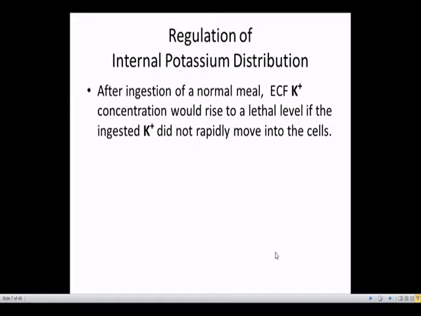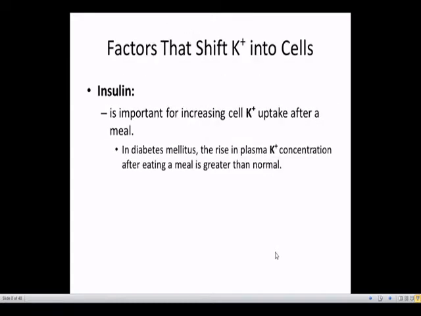Let's now discuss some of the factors that can influence the distribution of potassium between the intracellular and extracellular fluid compartments. Factors that shift potassium into cells.